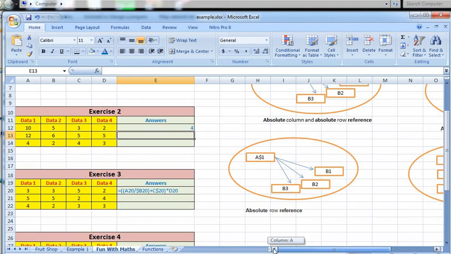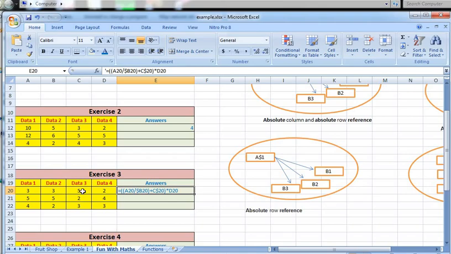Next answer is this, the next question. A20 divided by B20. A3 divided by 3, it's 1. And absolute cell C20, that is 5.